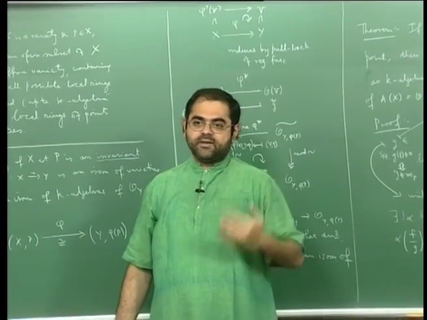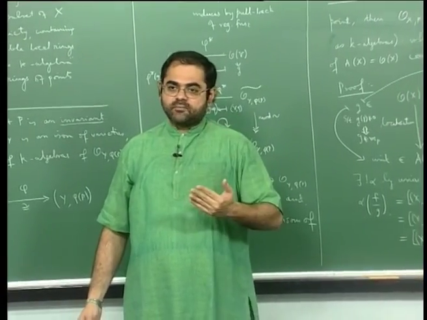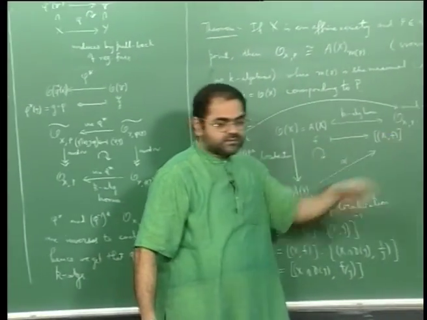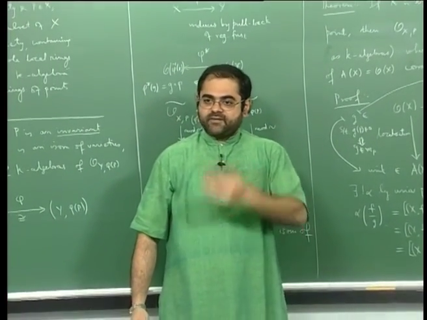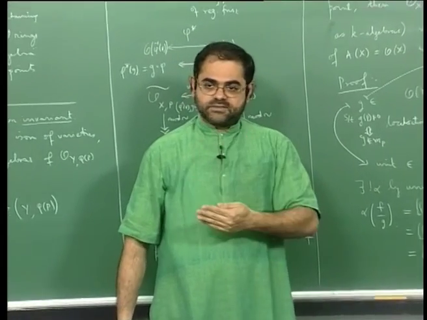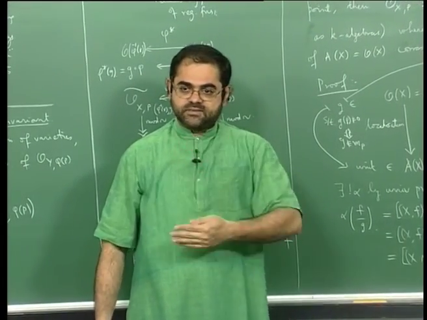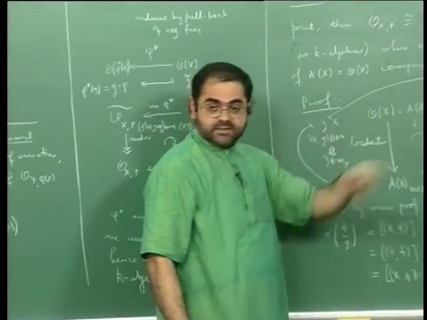But what is a regular function at a point? A regular function is something that has to locally look like a quotient of polynomials. So a regular function at this point, in a neighbourhood of that point, is going to look like f by g, where f and g are polynomials, polynomial functions on the affine space in which X is embedded.